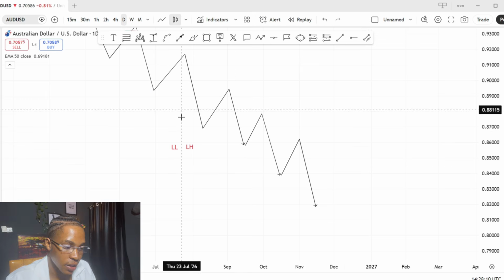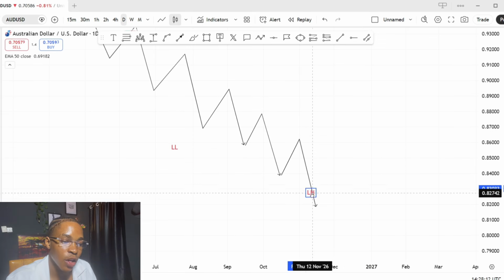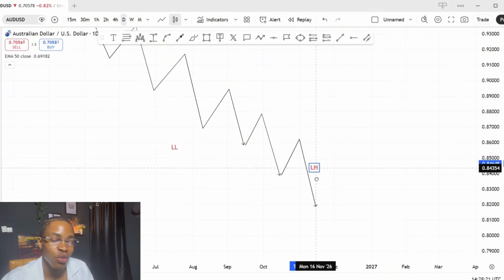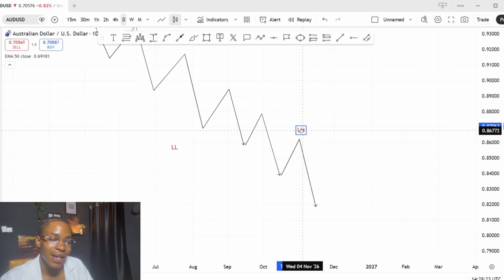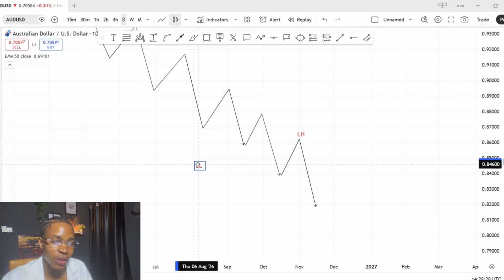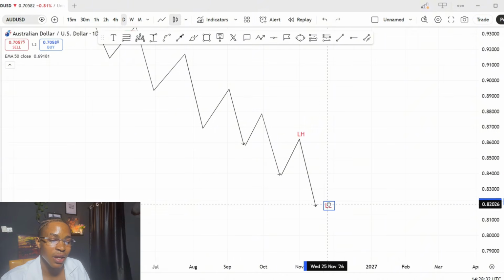Okay, that's enough. If you guessed correctly, where's the lower high? Is it this part? If you said this part or this part, you were wrong. The lower high currently is this point here, and the lower low currently is this area here.